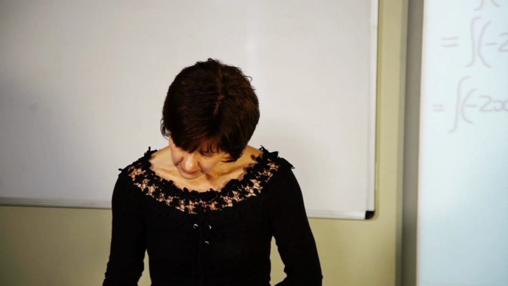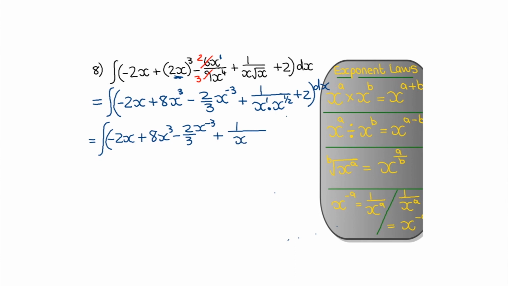So it will be x to the power 1 plus 1/2 is 1.5. So it's actually x to the power 3/2 below the line. But I don't want the x in the denominator, so I'm going to take it upwards. Let's immediately write it in the numerator position.